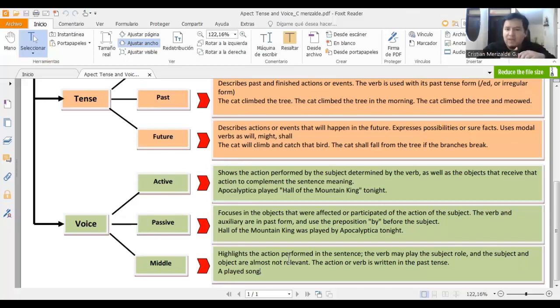I think that this helps us make our speaking or writing more formal, because we are putting emphasis on something that we want to communicate. It could be the verb, the subject, or the object affected by the action of the verb. So that is why voice is important in grammar when we use it for writing sentences.